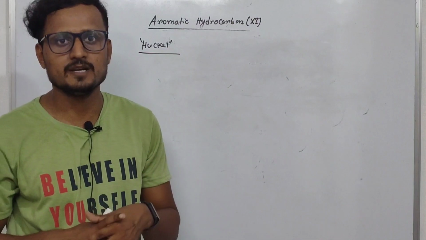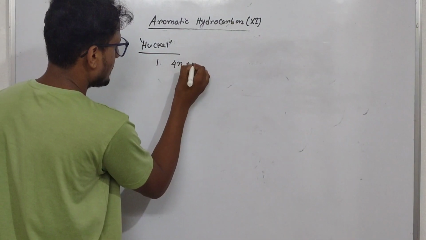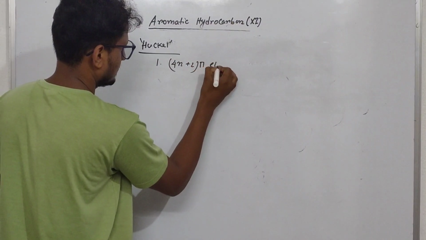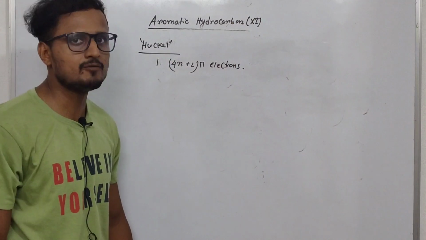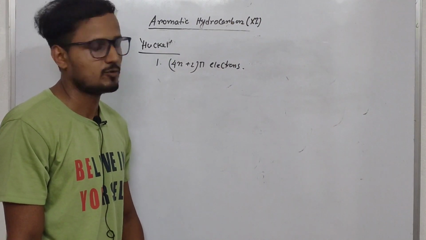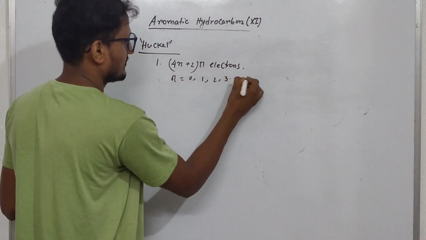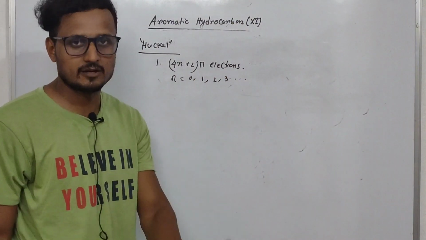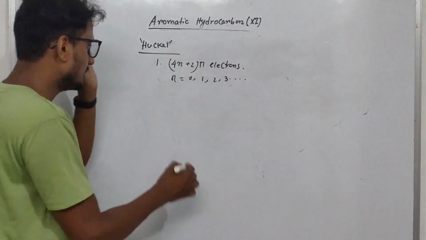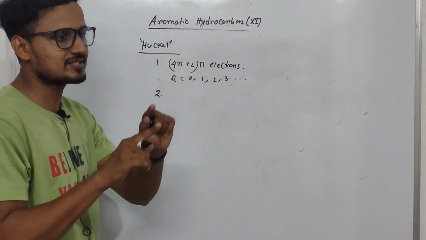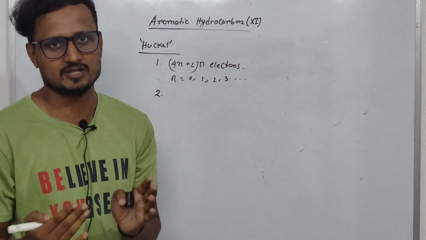The compounds which are aromatic should have 4n plus 2 number of pi electrons, where n is 0, 1, 2 or 3 etc., and they should also have a planar cyclic structure where electrons can be delocalized.